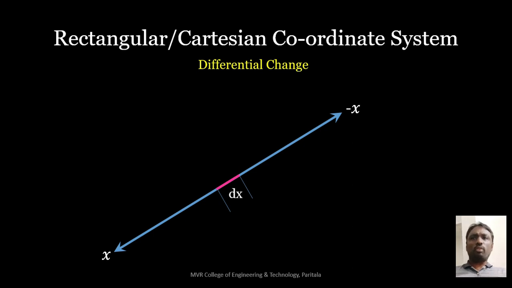It is almost equivalent to a point, not exactly equal to a point, but almost. So that very small change in the x-axis is called dx. Next we need to discuss differential length, differential surface and differential volume. Let us see how these come about.